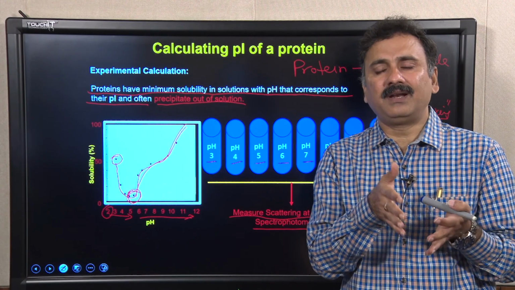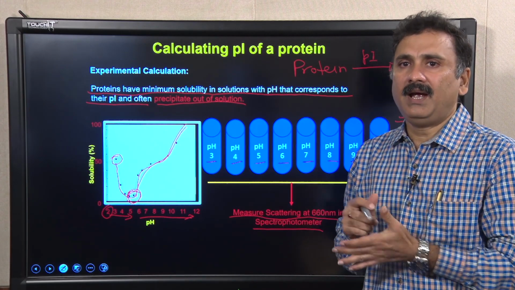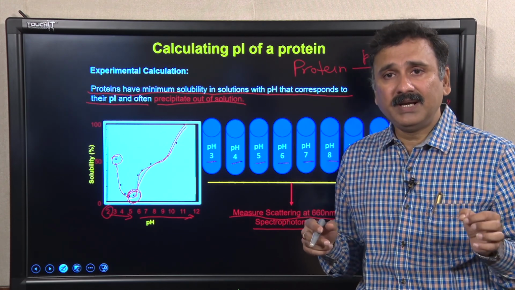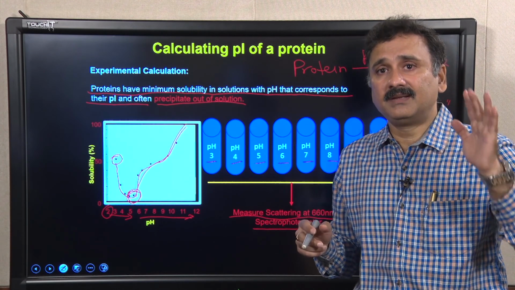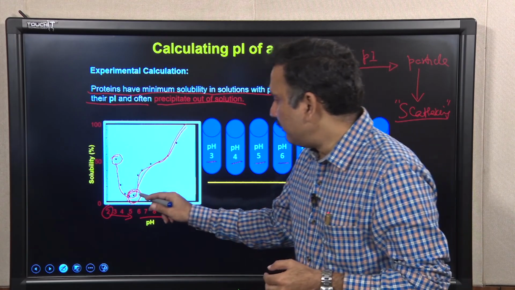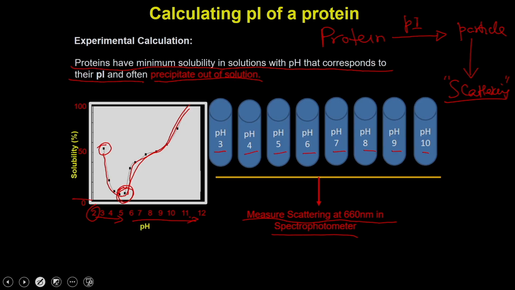If you plot the scattering versus the different pH, and consider the maximum scattering as 0 solubility and the minimum scattering as 100% solubility, then the point at which the protein gives the maximum scattering, or 0 solubility, is considered the isoelectric point.